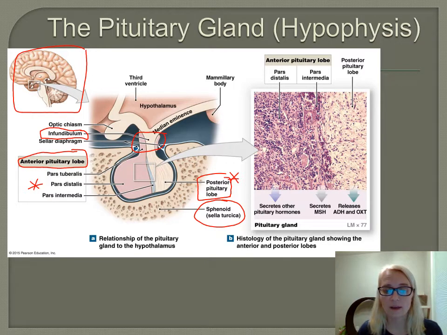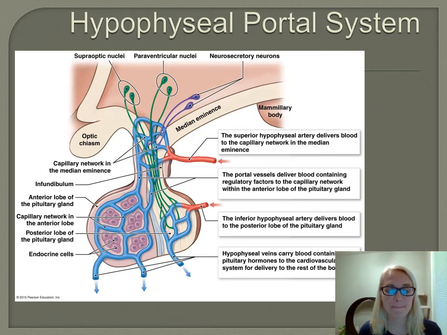And now let's take a closer look at the blood supply, which is going to be really important, and the relationship with the hypothalamus. In a typical vascular network, you have arteries that deliver oxygen-rich blood to a tissue. Then they branch into capillaries, right?